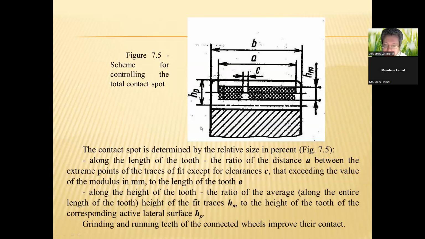And we have the relative size in percent along the length of the tooth.